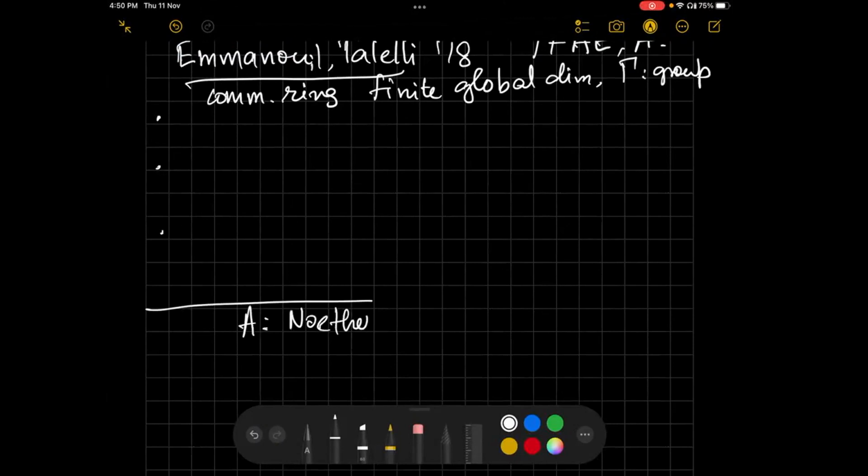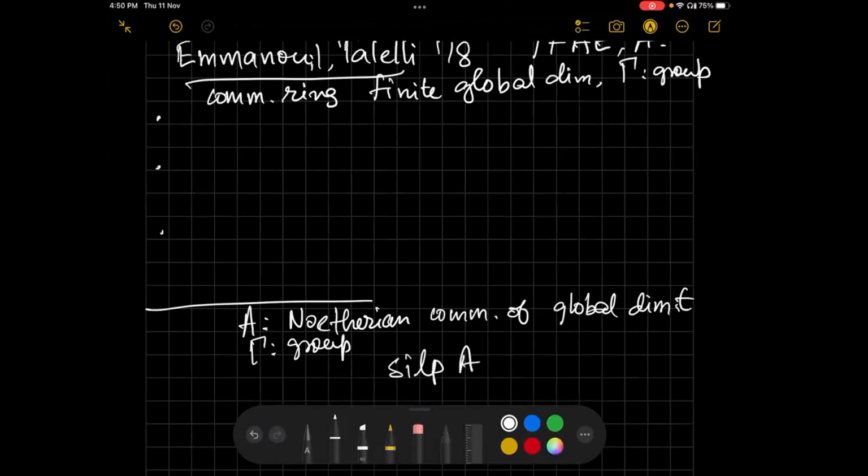They proved it over a ring, but I'm going to give a group algebra version: if A is Noetherian commutative of global dimension, let's say t, and γ is any group, then SILP Aγ is smaller than or equal to SPLI Aγ plus t.